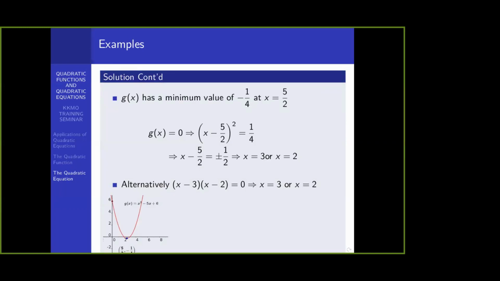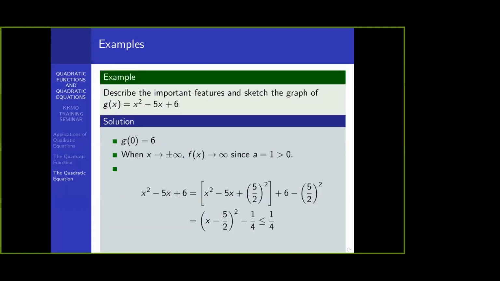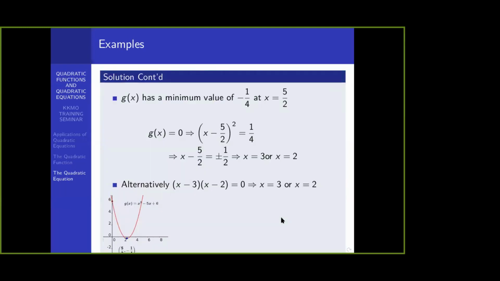It should have a minimum value of -1/4. So it should exceed -1/4. I think that needs to be corrected. And that occurs when x is at 5/2.